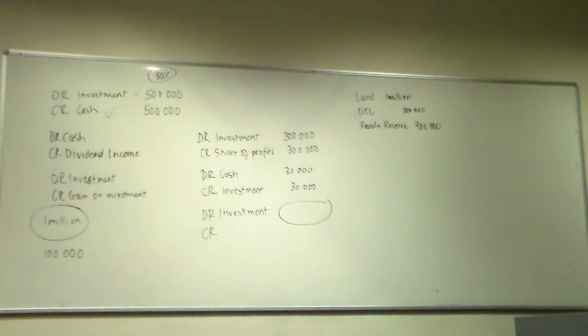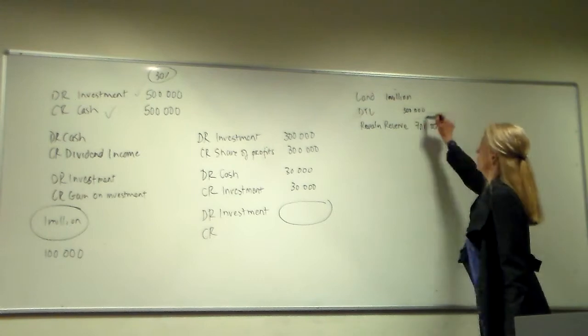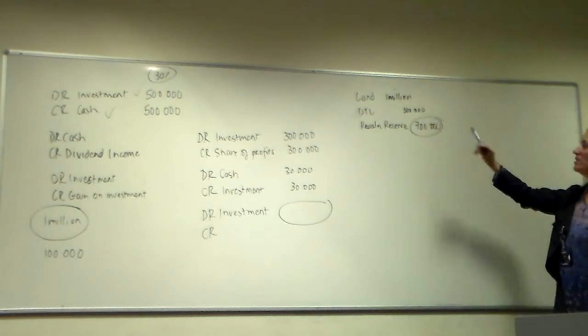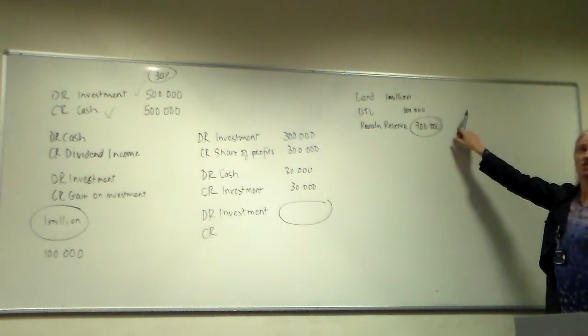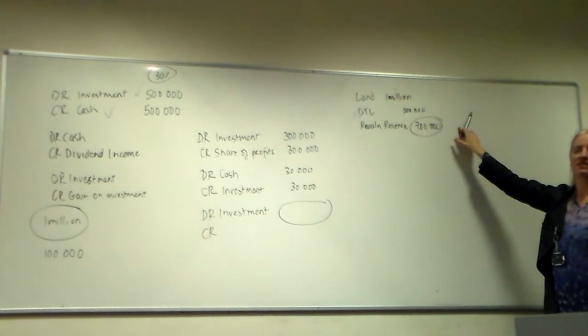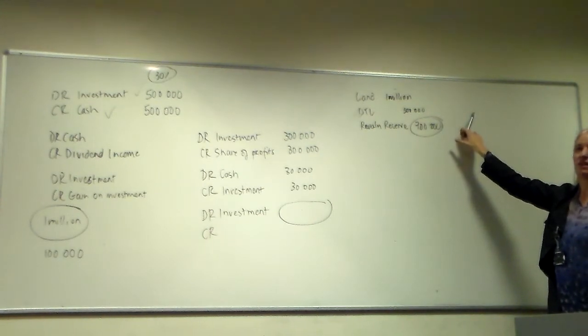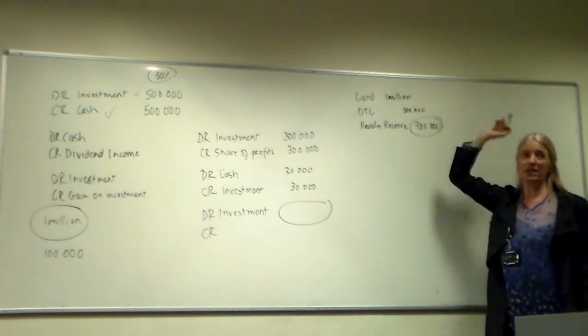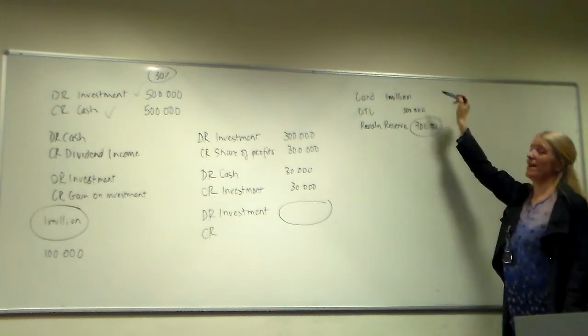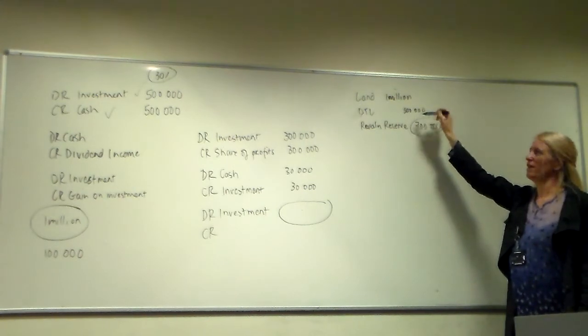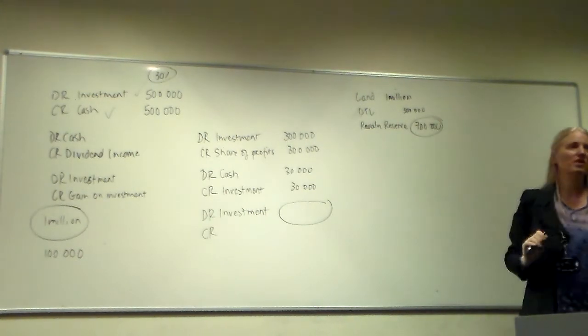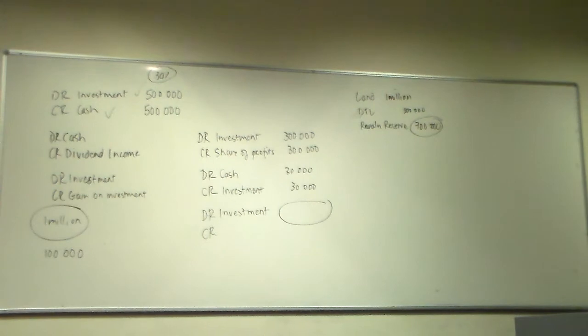Okay, basically what you're going to do is take that one there, because that's the value that the company's equity has increased by. Their equity has not increased by $1 million, because their asset increased by $1 million, but their liabilities also increased by $300,000.